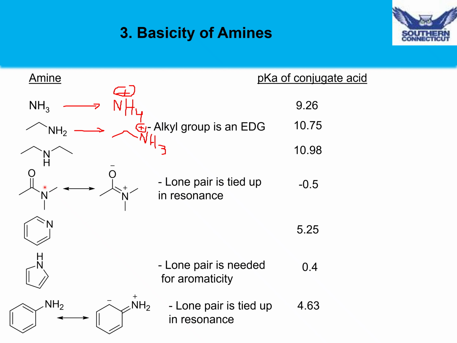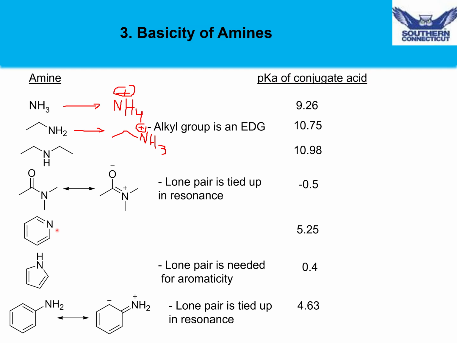So the lone pair on the nitrogen can be used to move electron density into the oxygen, creating this other resonance structure. As a result, the lone pair on that nitrogen is not readily available to react with an acid or even electrophiles. So for that reason, it's a relatively poor base, as shown by the pKa value of the conjugate acid.